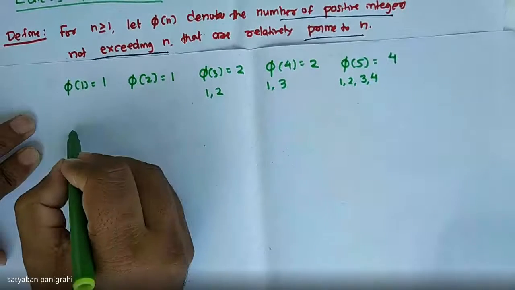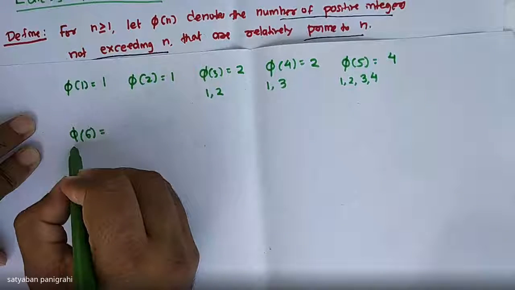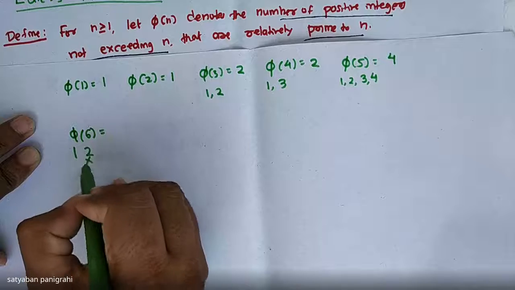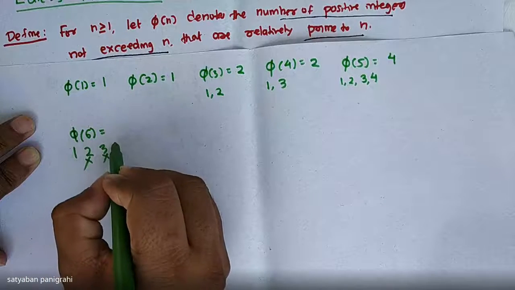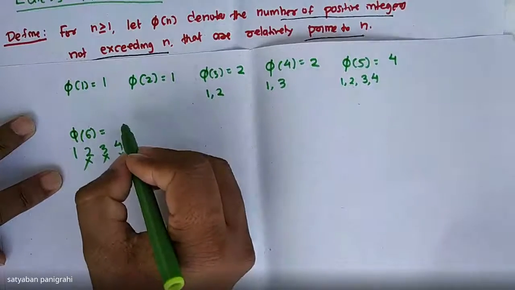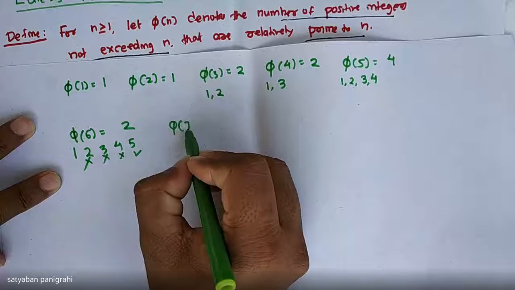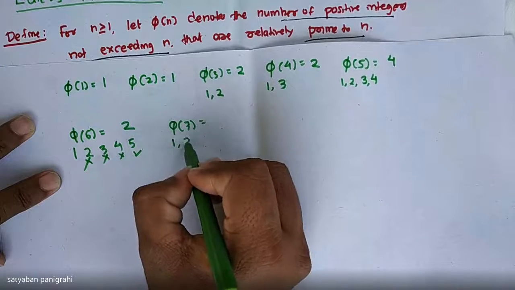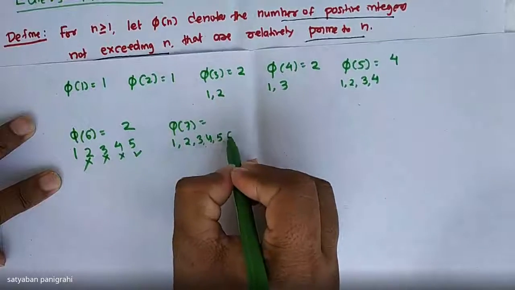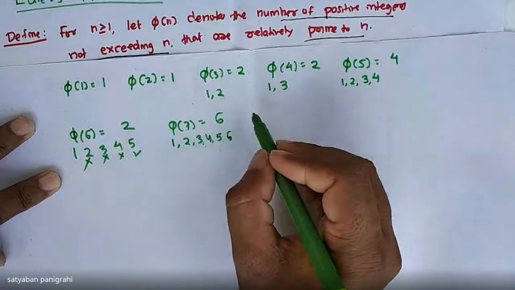Similarly, phi of 6: 1 is relatively prime to 6, yes, 2 no, 3 no, 4 no, 5 yes, so phi of 6 equals 2. Similarly, phi of 7: 1 yes, 2 yes, 3 yes, 4 yes, 5 yes, 6 yes. So phi of 7 equals 6.